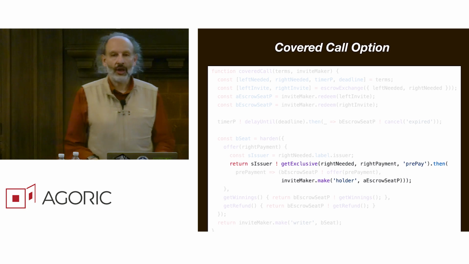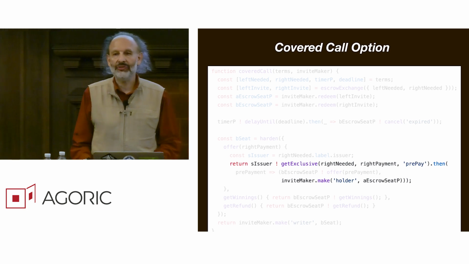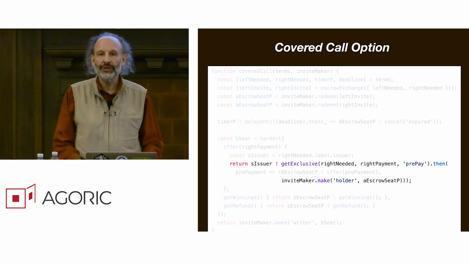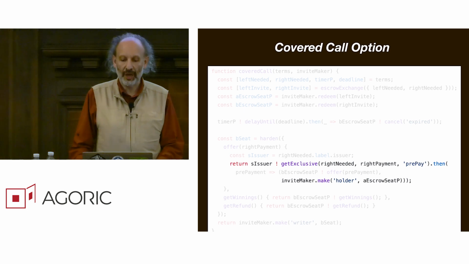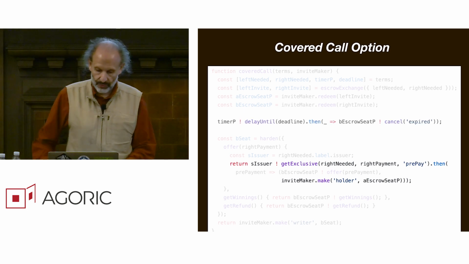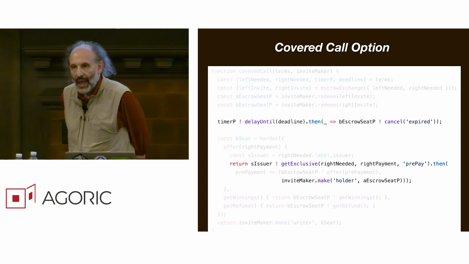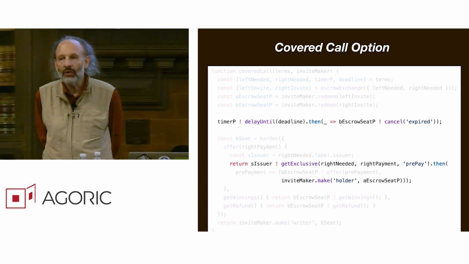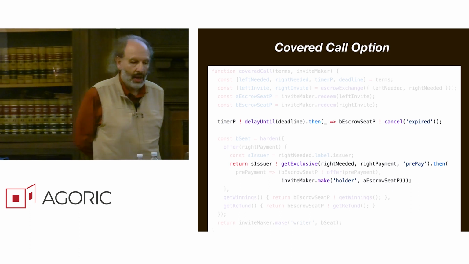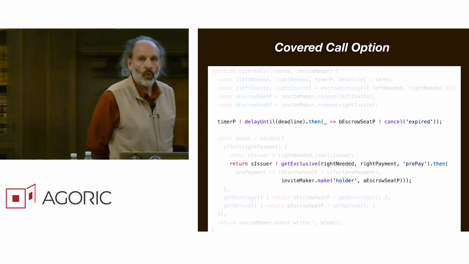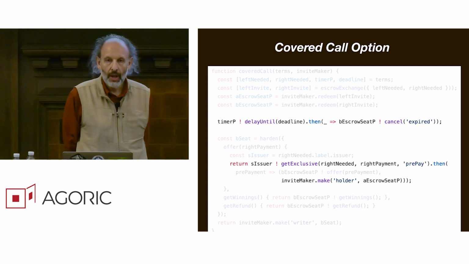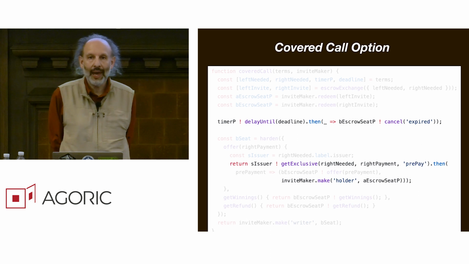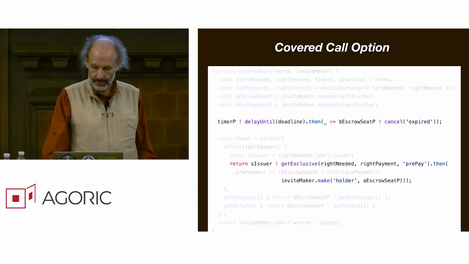In some sense, the contract doesn't really exist as a contract until it has confirmed that Bob's rights are in escrow. And Bob's rights are in escrow until the deadline expires. This line arranges that once the deadline expires, Bob can get his concert ticket back, but not until then.